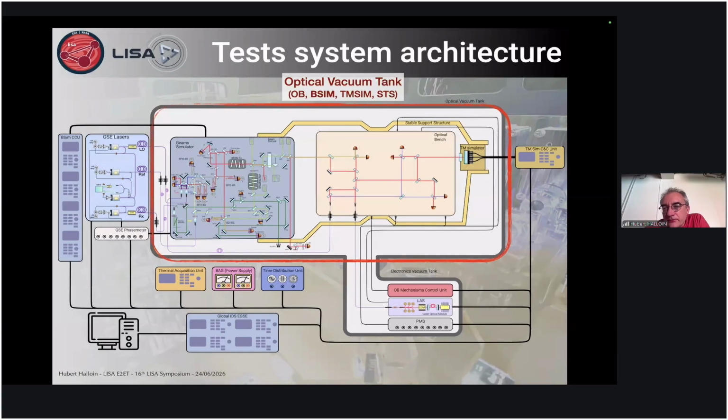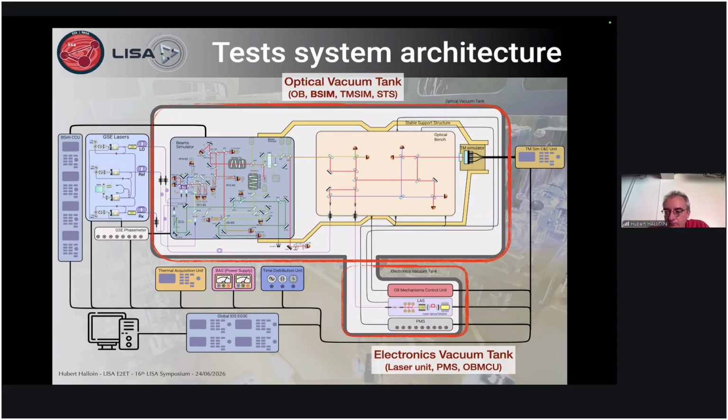Then in order to separate and to avoid perturbations from the electronics, we need a separate vacuum tank into which we will have the laser source itself, the phase meter, and the control units required to operate the optical bench and send the laser light.